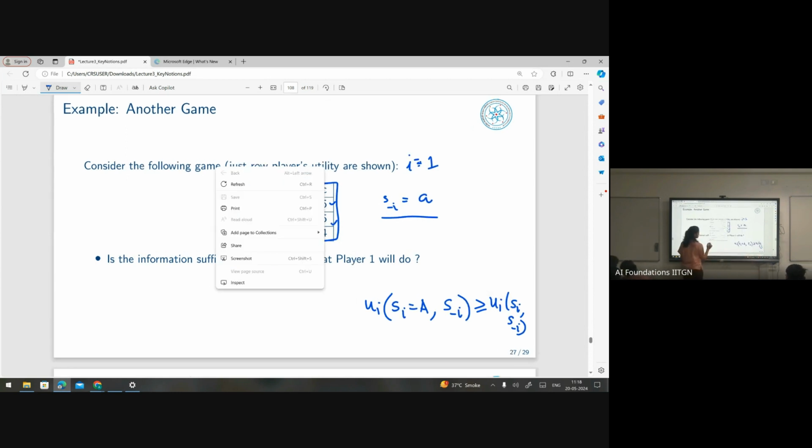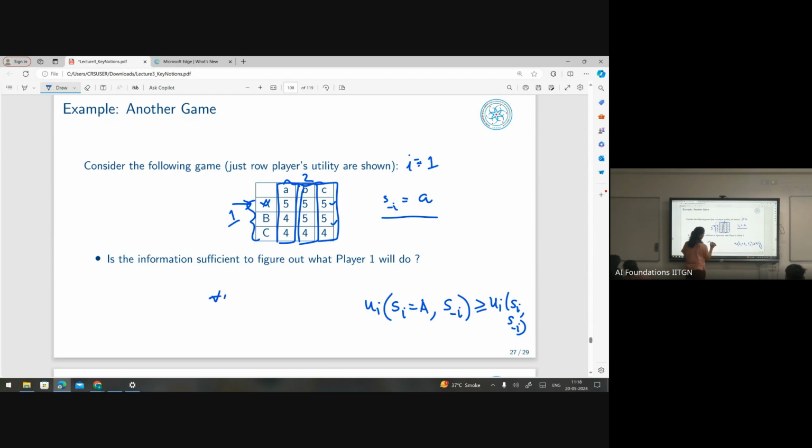So for I equal to 1, and for all possible S minus I, and for all possible Si, this is true. You should be able to read these notations because from the next lecture onwards, I'll load you all with these notations. Okay? So if I is equal to 1, for every strategy that the other agent is playing, for all possible S minus I, and for every strategy that I can play, playing A is maximizing my utility, it is always giving me higher utility.